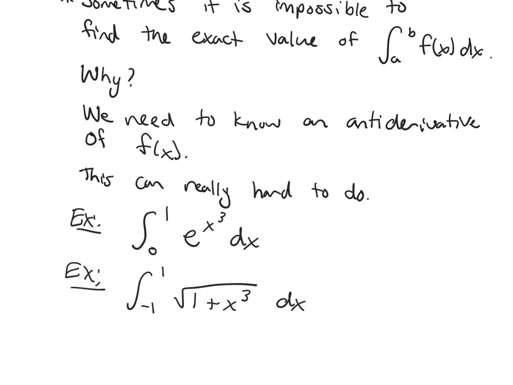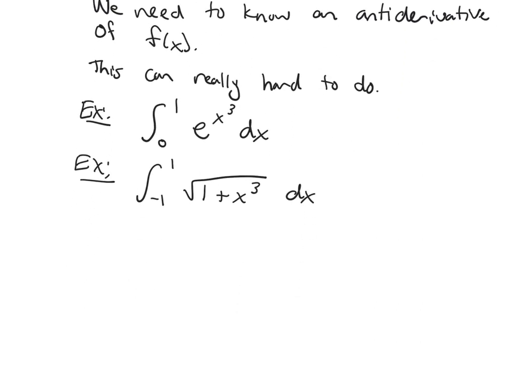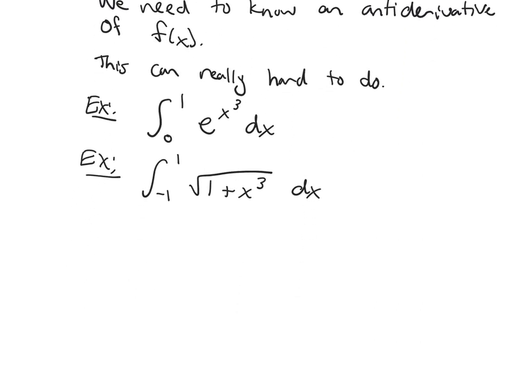So when we can't explicitly find something, instead what we're going to do is approximate that, okay? If I can't know the exact value, maybe I can know an approximate value. So that's the idea here, I can't explicitly find these values, but maybe I can approximate them, okay?